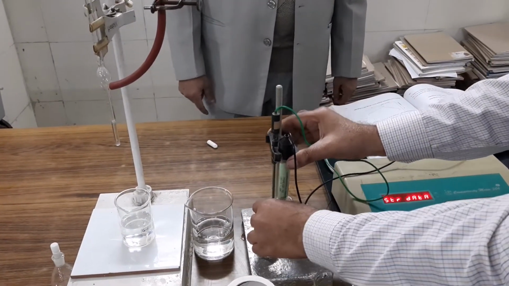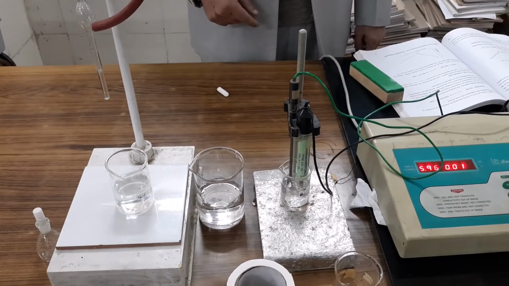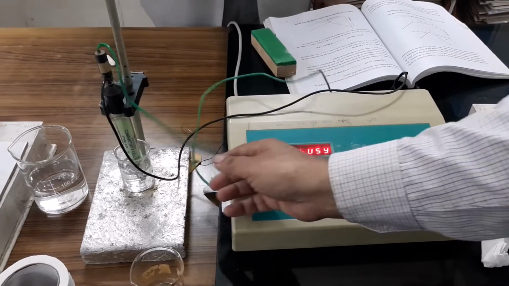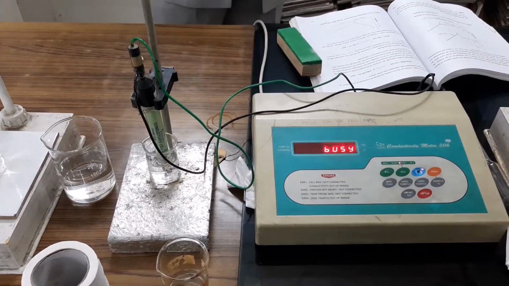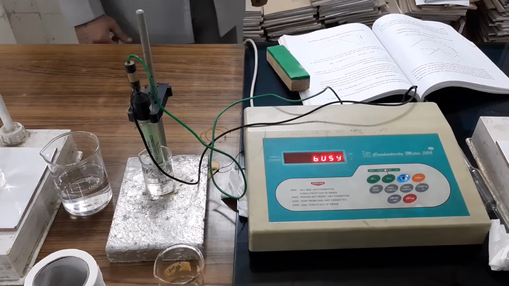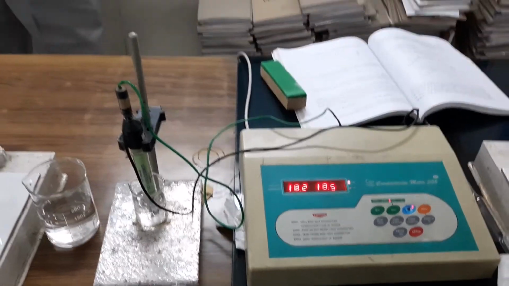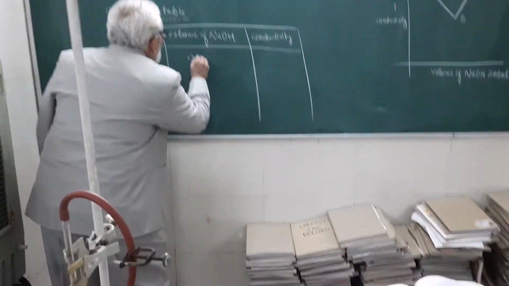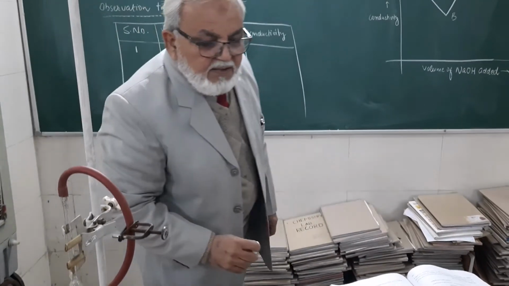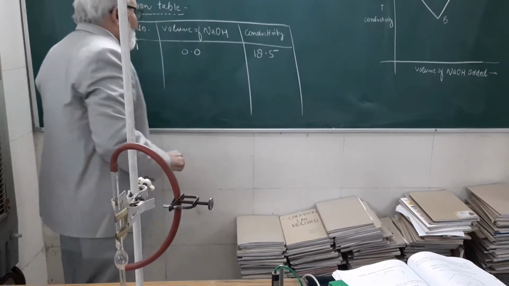Now dip this conductivity cell into the HCl solution and directly read the conductivity of the solution before adding any amount of NaOH from the burette. It is 18.5. So at zero volume addition of NaOH, the conductivity of the solution is 18.5.